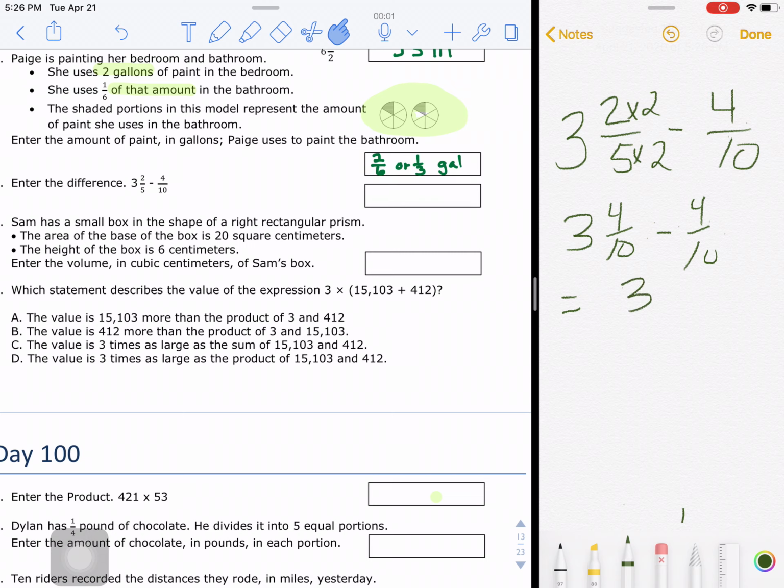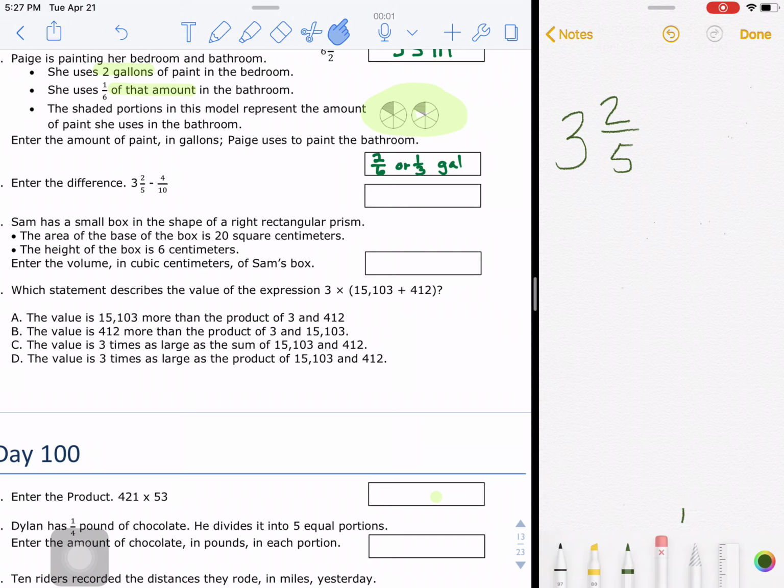Now, this problem we could also look at a little bit differently. So I'm going to change this up a little bit. And we also see that we could make these both into fifths. So I could simplify 4/10. I have a few issues with my drawing here.